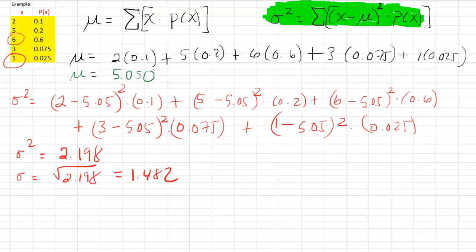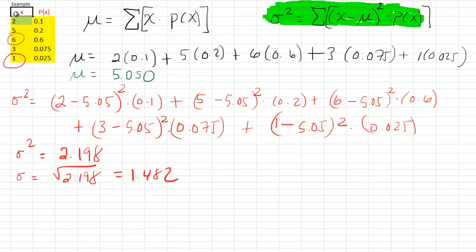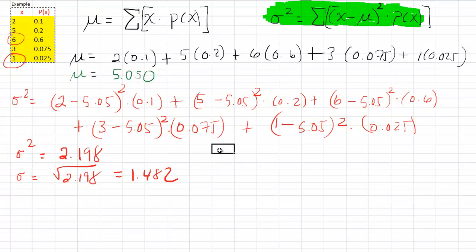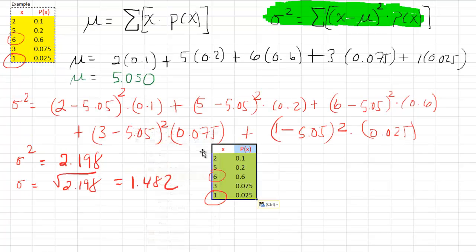You can also use Excel. Let me copy this again and place it here. So the first thing we're going to do is use Excel. We're going to call this one x minus mu.